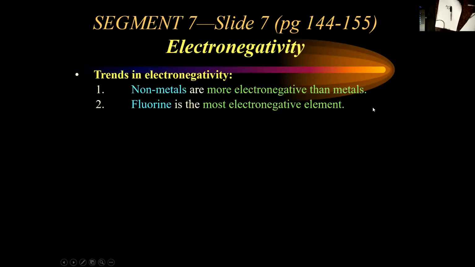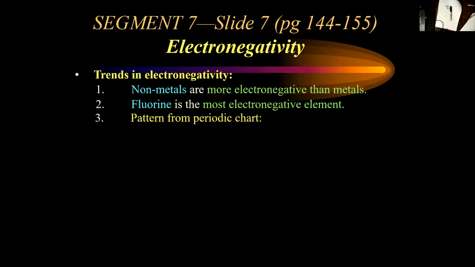Neon next to it would not have high electronegativity because it doesn't attract electrons. It doesn't want to give them up either, but it's happy with what it's got. So it has no attraction for electrons. But fluorine is extremely electronegative, the highest.